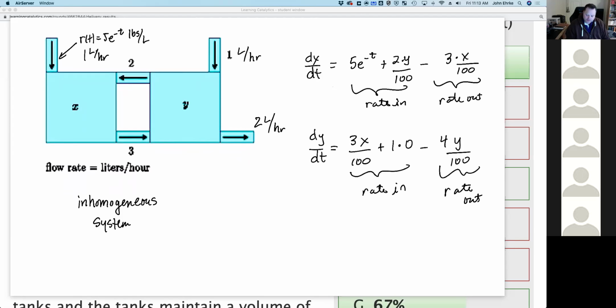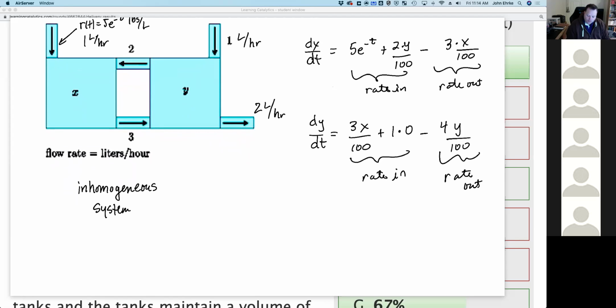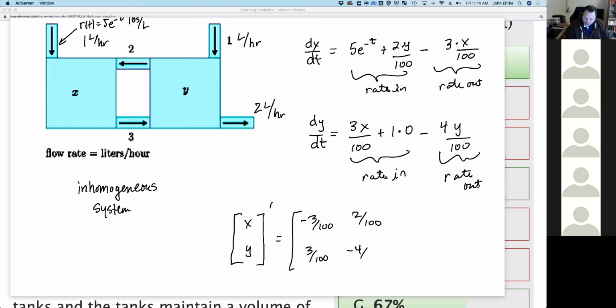If you wrote these in matrix form, this would be (x,y) prime equal to, the x component for the first one is negative 3 over 100. The y component is 2 over 100. On the bottom, the x component is 3 over 100, and the y component is negative 4 over 100.